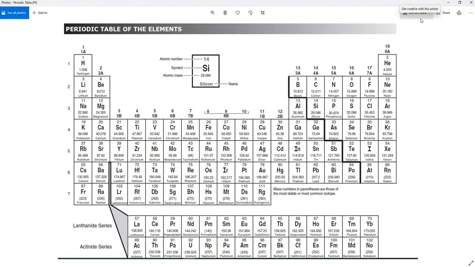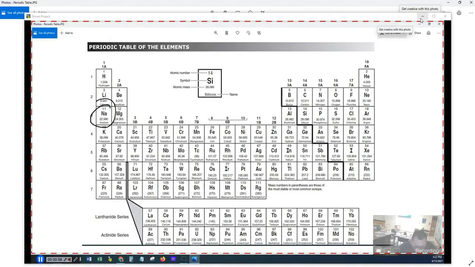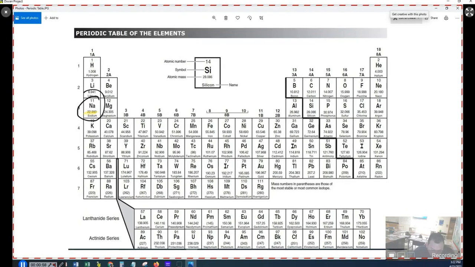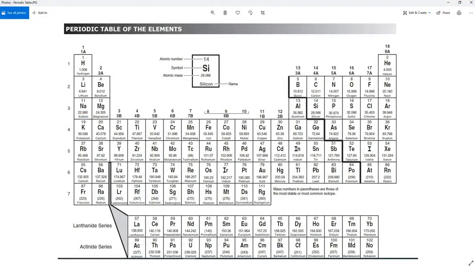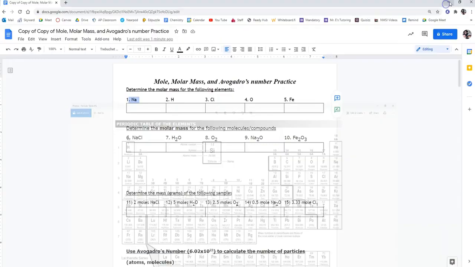So let's look at a periodic table and find sodium. There it is. I'm going to highlight the molar mass. Can y'all see that? That's the molar mass there, 22.990. So let's flip back to the paper. There we go.